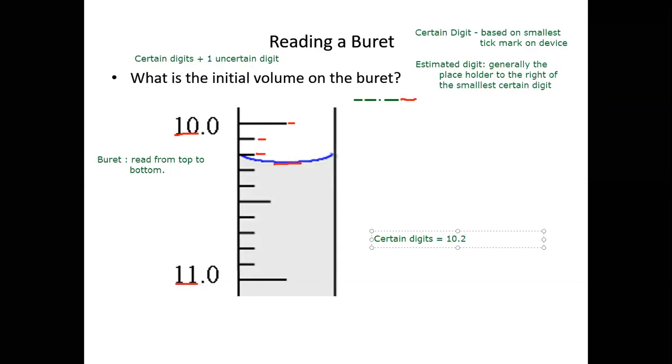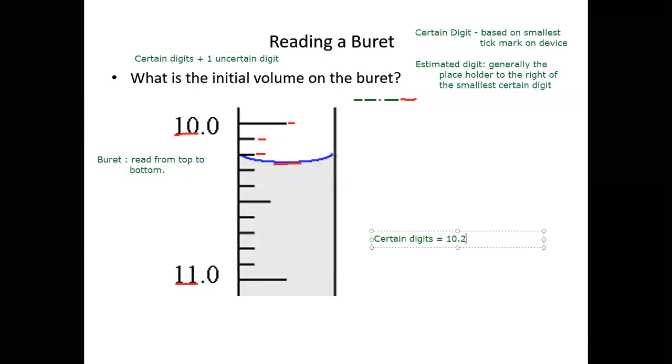Now for the estimated digit, the common practice is that if the volume is close to a tick mark, the estimated digit would be 0. If the volume is between the two tick marks, the estimated digit is 5. That's common practice that scientists use.